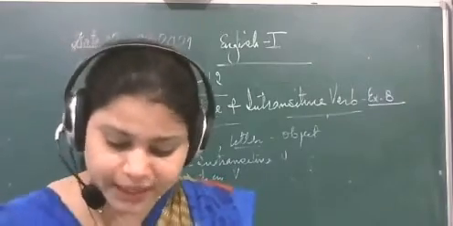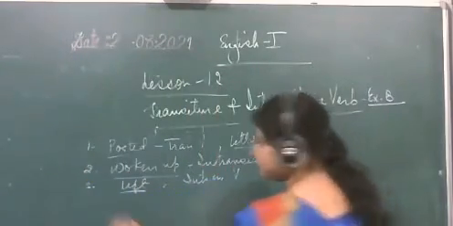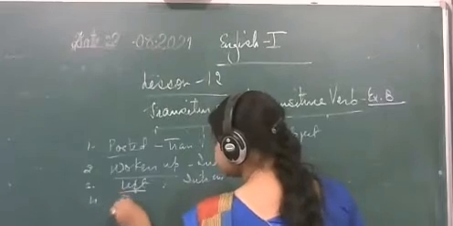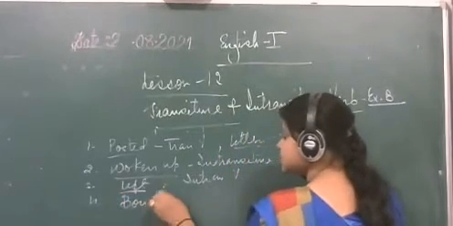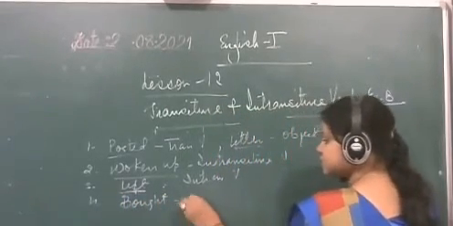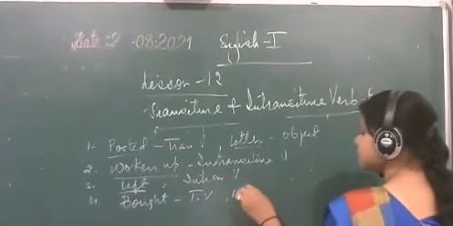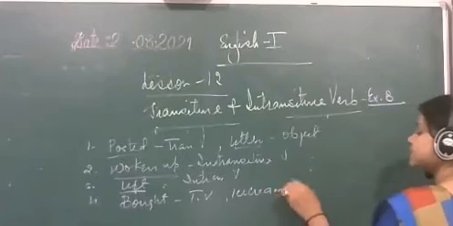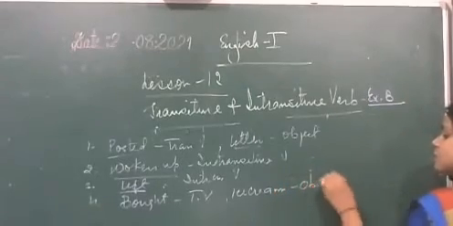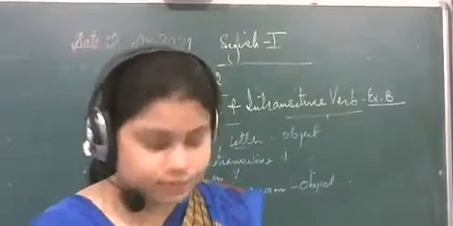Now, fourth is: the mother bought an ice cream for the child. So the words bought and ice cream. Number four is bought. That is a transitive verb, and ice cream is the object. Clear? Now the next one.